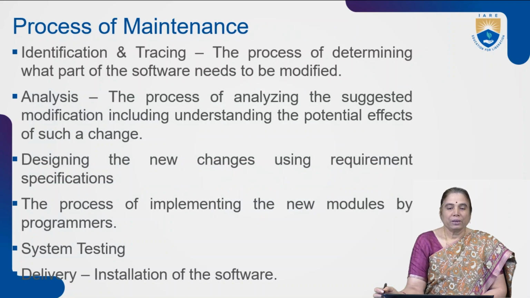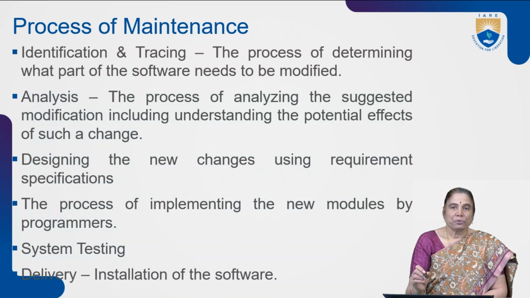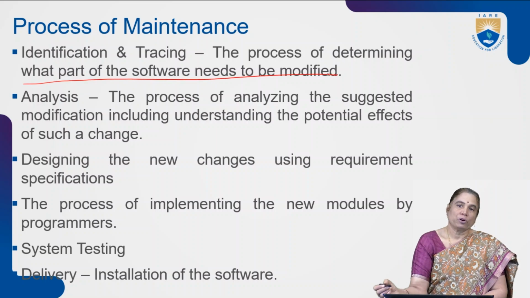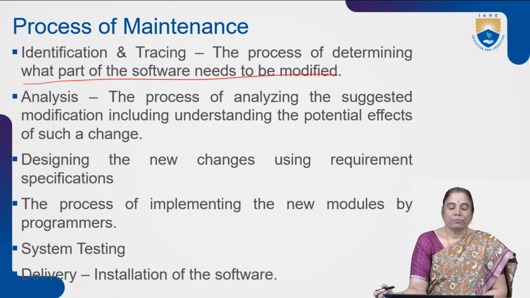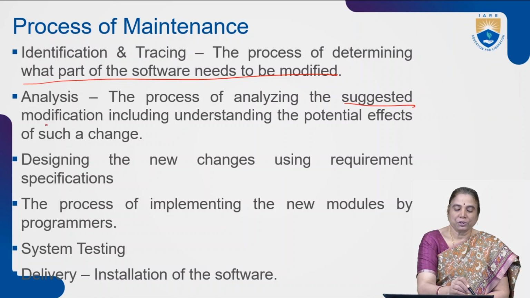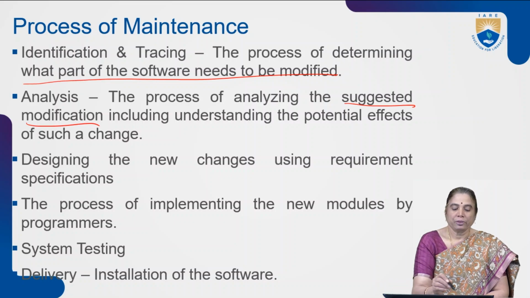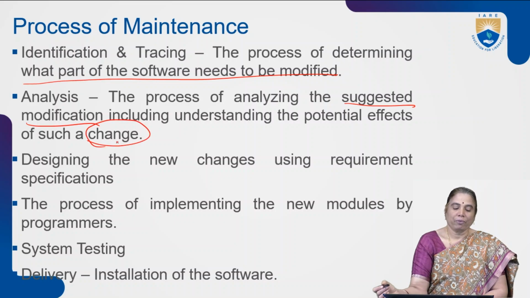In identification and tracing, the process of determining which part of the software needs to be modified. So the origin of the change can be identified and traced in the first phase. After tracing the need for modification, then comes the process of analyzing the suggested modification, including understanding the potential effects, such as the change in requirement.